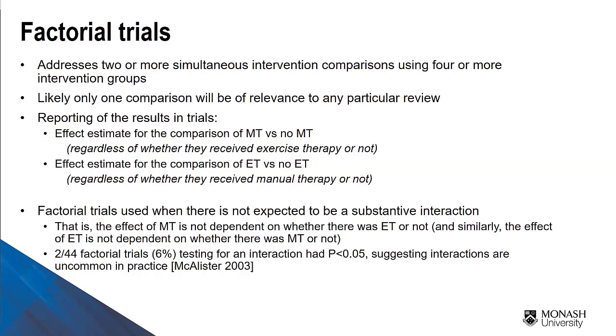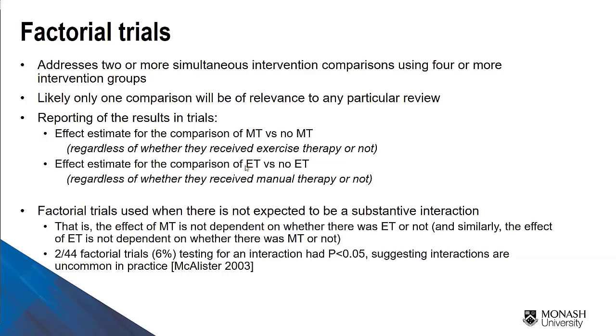There has been some empirical research looking at whether interactions tend to occur in factorial trials, and in this particular study they found that only 2 of 44 factorial trials testing for an interaction had evidence that there actually was an interaction occurring. So it's suggesting that interactions are uncommon in practice.